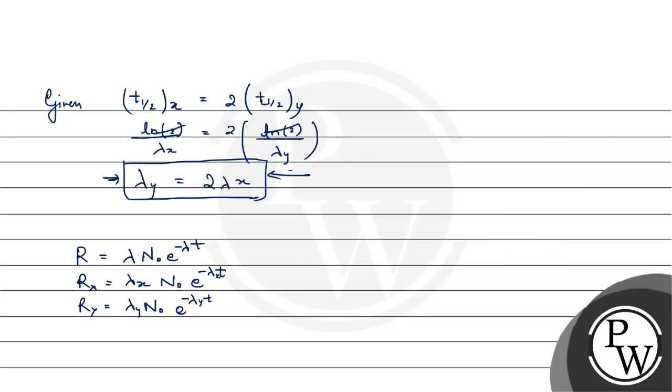Now taking their ratio, we get Rx over Ry is equal to lambda x over lambda y into N naught upon N naught, which gets cancelled, into e to the power minus lambda x t upon e to the power minus lambda y t.